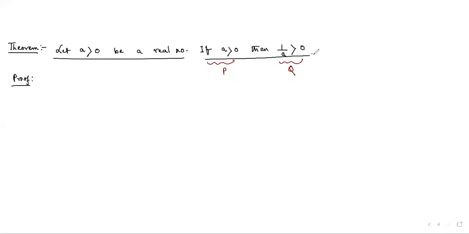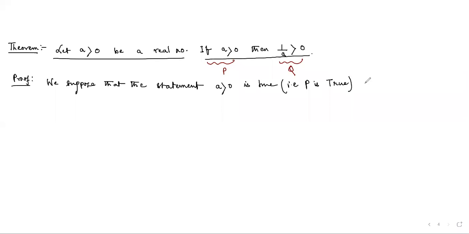So let's see what is going to happen over here. So we suppose that the statement A greater than 0 is true. That is, P is true. Fine.